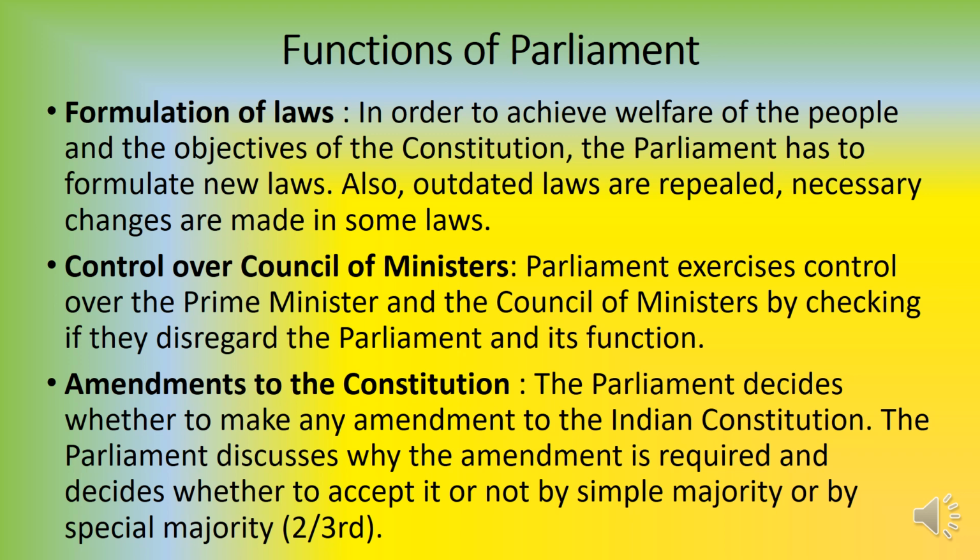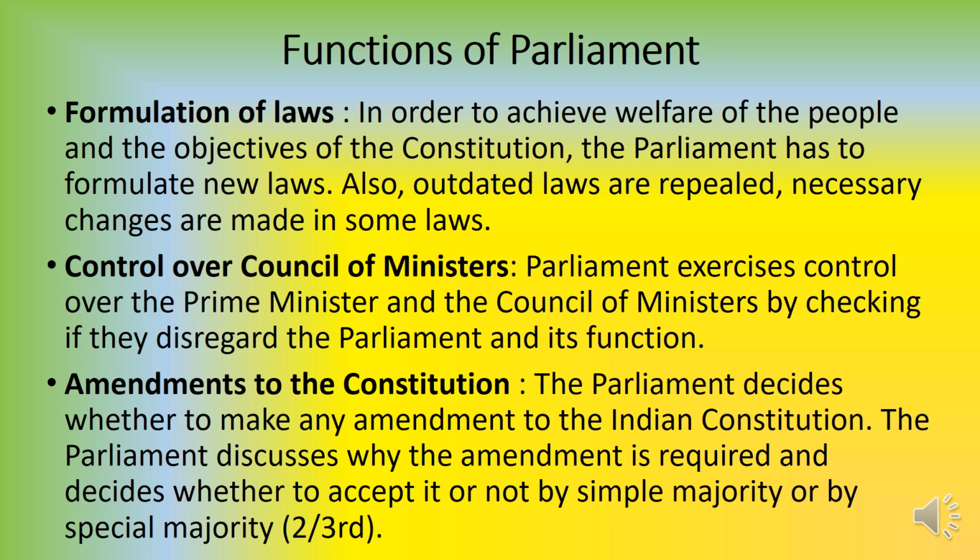The third function of the Parliament is making changes in the Constitution, that is, amendments to the Constitution. Now, the Parliament decides whether to make a particular change or not, and why this change is required, and also whether they should accept this particular change or not, and that too how?